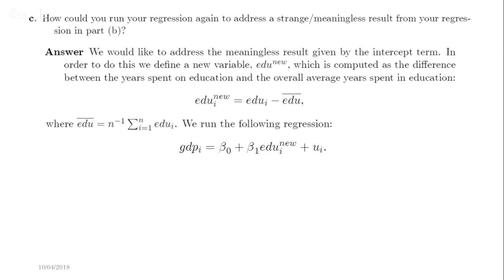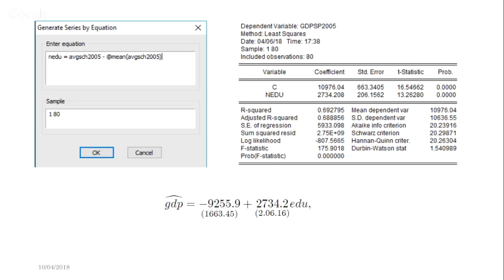So since there's a strong relationship between education and GDP, if you have above average education, you should have above average GDP as well, and vice versa. Right. So that's one insight that is interesting from this way of measuring education. Okay, now, we drop the old education variable, we use the new one, and we run the regression again. Okay, so like that.